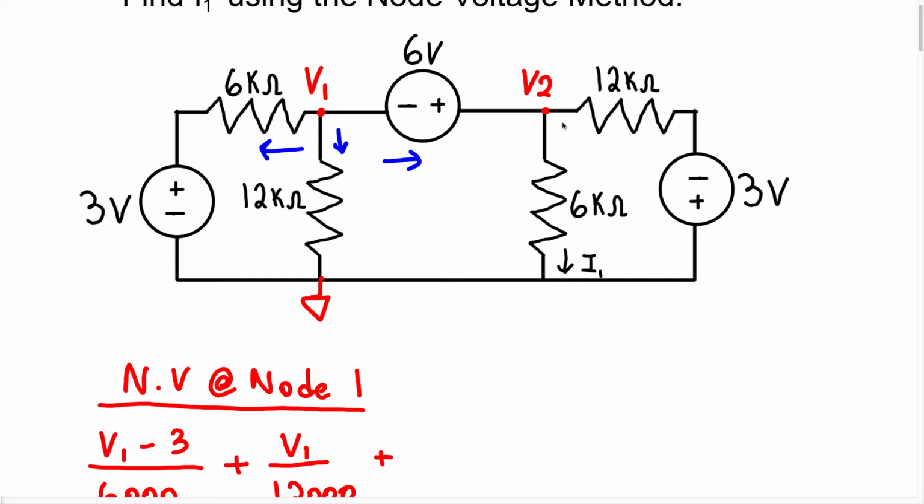So in reality, because we have a voltage source in between two nodes that we don't know the voltage for, we always must use the supernode method. So we're going to ignore this voltage source for now, and we're just going to write the node voltage equation for node 2 in the same equation we were writing the node voltage for node 1.